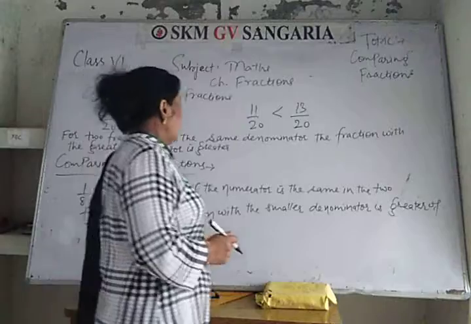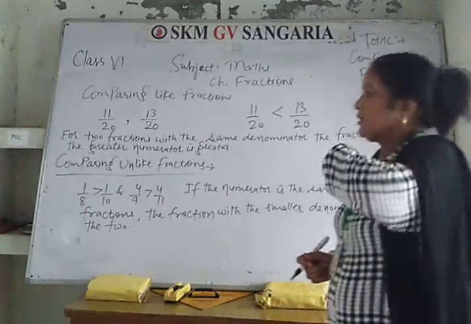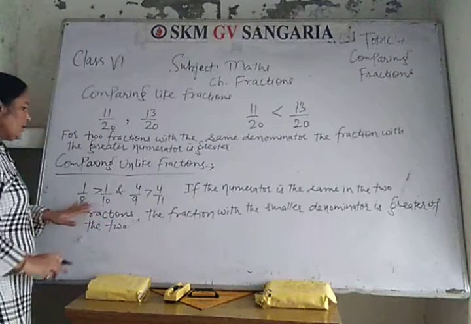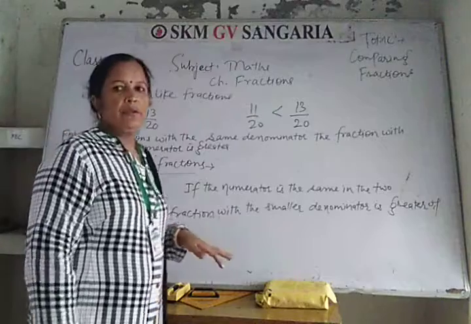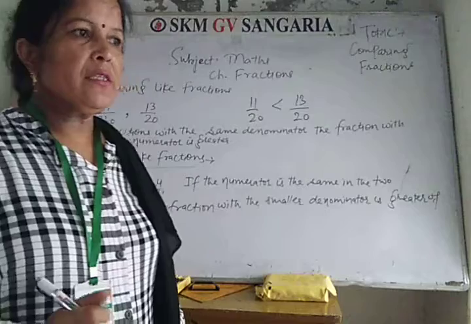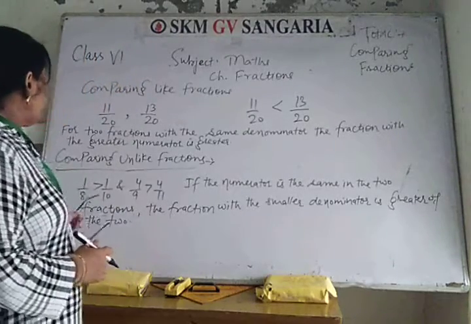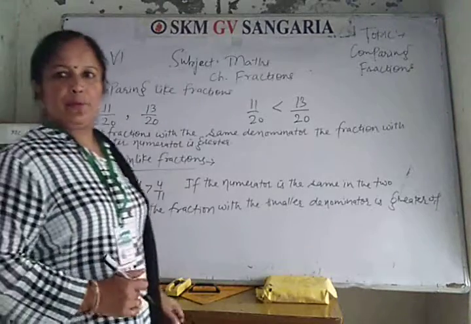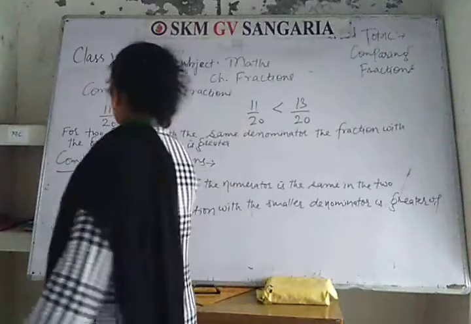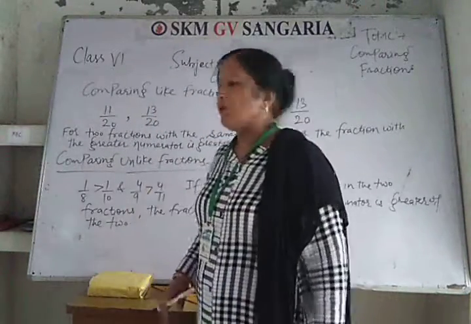Then comparing unlike fractions. Unlike fractions means the denominators are different. These are unlike fractions with the same numerator. So 1/8 and 1/10, and another pair of fractions is 4/9 and 4/11.